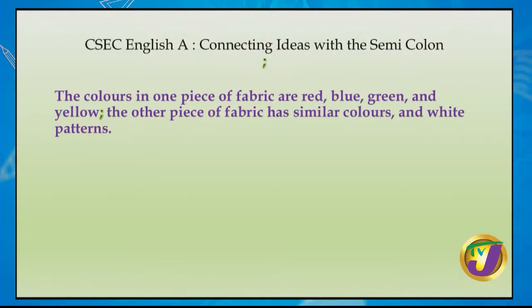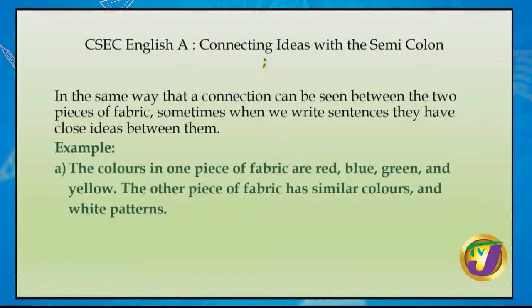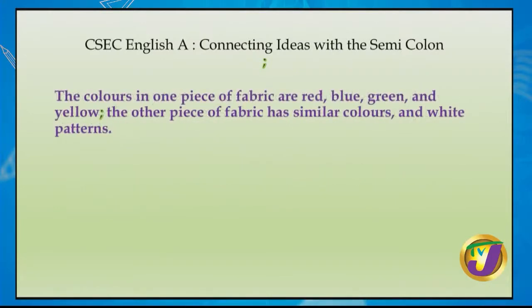So I have inserted the semicolon to create a connection. So instead of two separate sentences that we had before in the former slide, I have now shown the connection by inserting the semicolon.